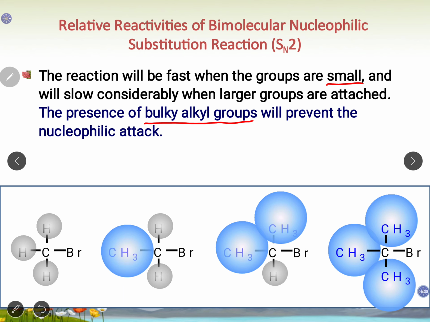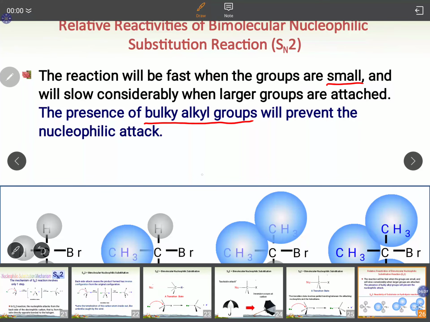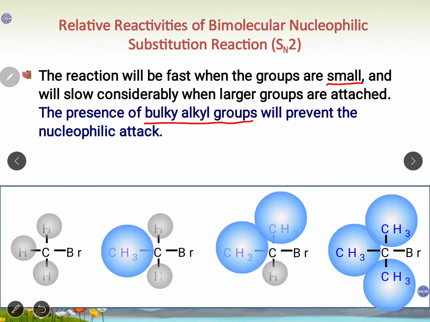What does it mean by small group? Like this, hydrogen has only one electron, and the shape is quite small. But when we have alkyl groups, for example CH3, it will help to prevent the backside attack.